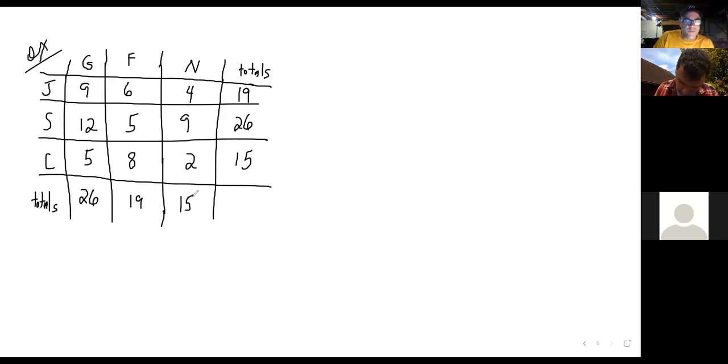And if I add up this row or add up this column, I get the same total of 60. So we have 60 total basketball players at varying levels, scholastic levels.